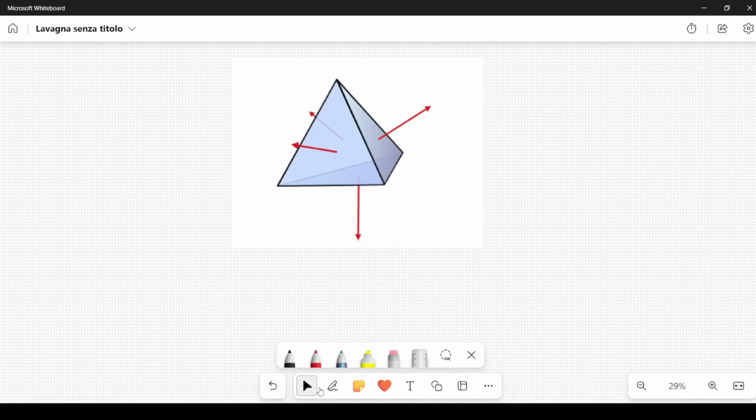Now I want to start again from the tetrahedron here, and I want to change slightly the notation, and then make some generalizations. In particular, let's use the following notation.